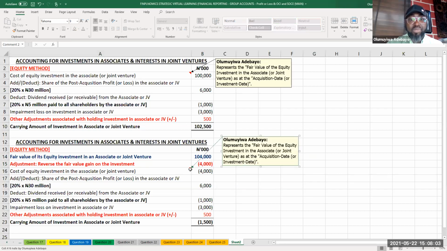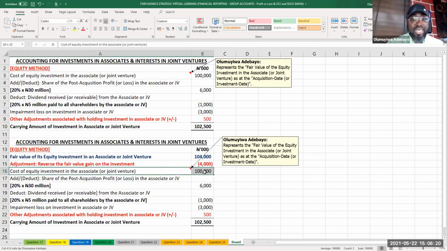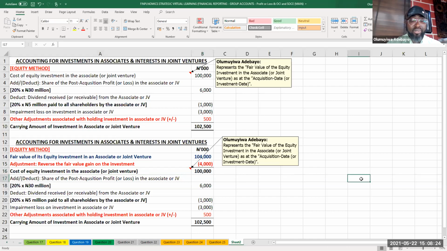Which means at every point in time, this must always be the cost, which is the original fair value, which approximates the cost as at the date of acquisition.